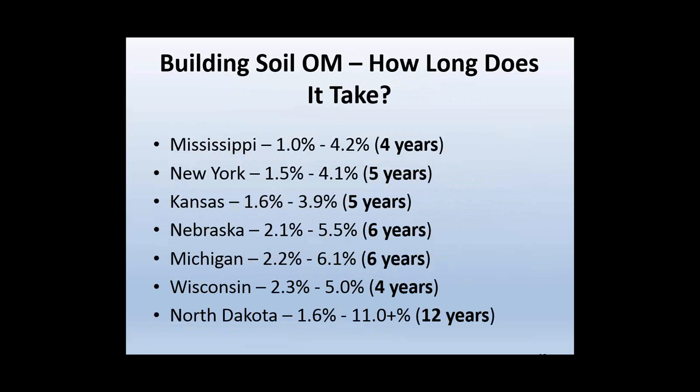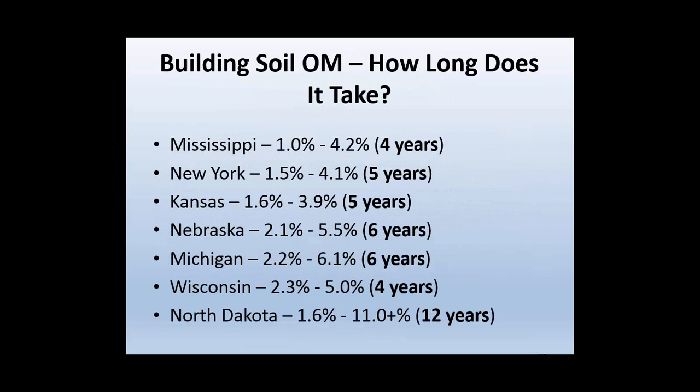Now, this is not a definitive list. We have many more than this that we could include, but I was trying to hit a number of different regions of the country so that we could see that we can do this, in spite of the region that you're in.